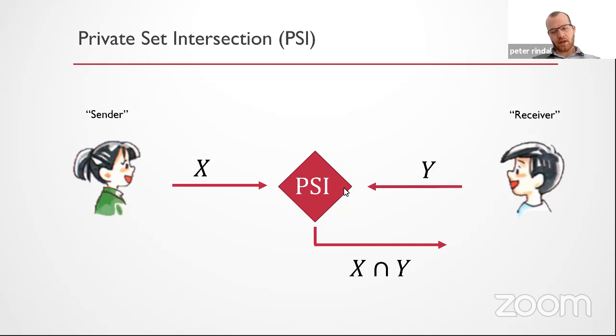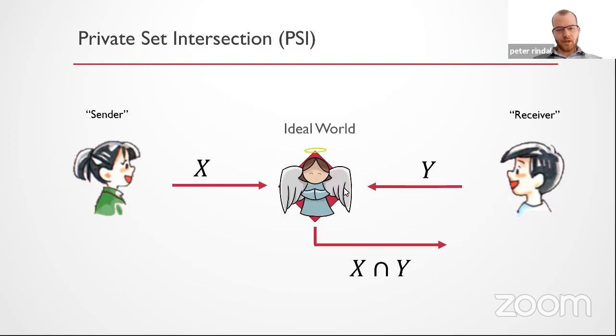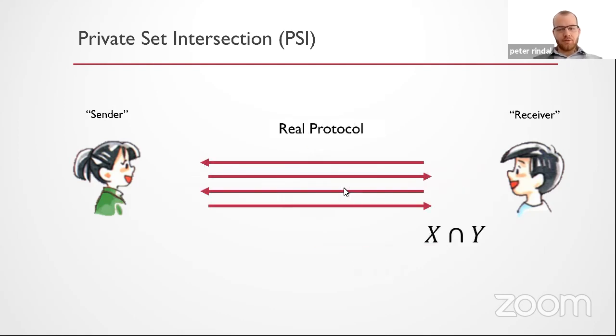Throughout this talk, I'll use this diamond notation to refer to that ideal functionality. We consider the classic real-world, ideal-world scenario, where we have a figurative trusted third party that computes this function for us. But in reality, the parties will actually be sending messages back and forth. We'll consider two types of parties.